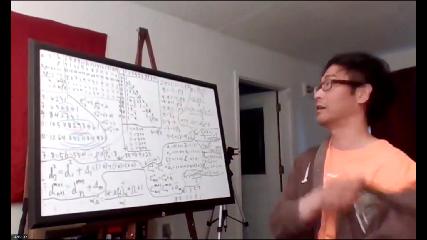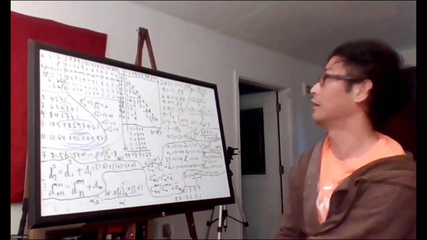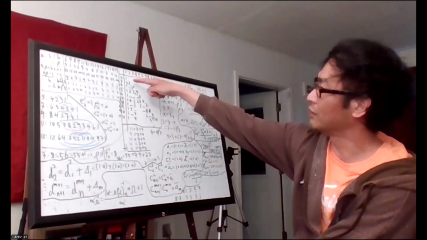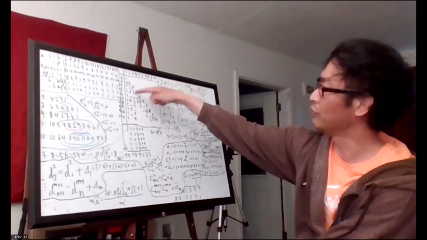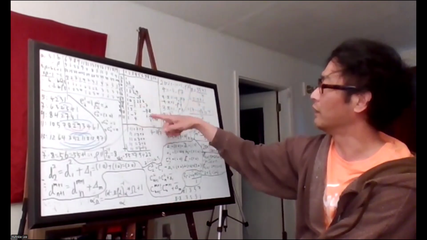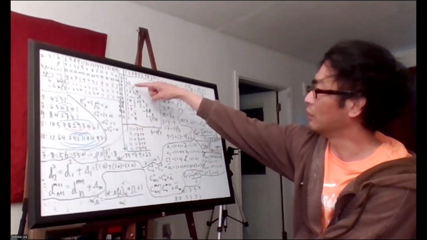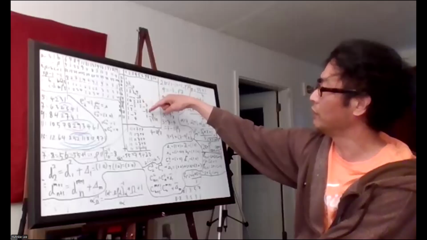Inverse triangle. The second column, 2, 3, 4, 5, corresponds to the second diagonal, 1, 2, 3, 4, 5.